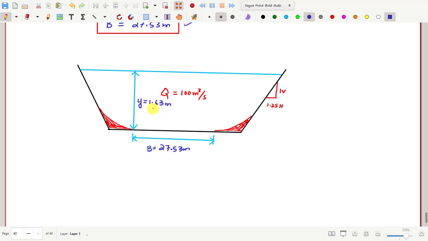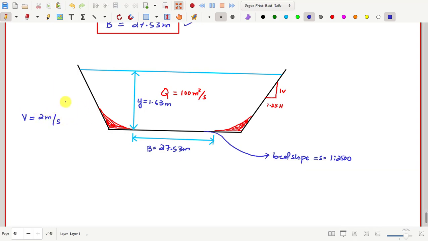And what else? The bed slope, we are already given with the bed slope. The bed slope is equal to, S is equal to 1:2500, and the permissible velocity is given to us, which is 2 meters per second.